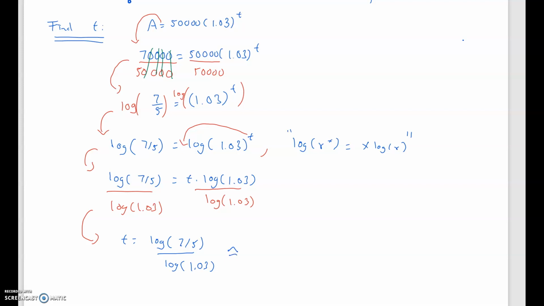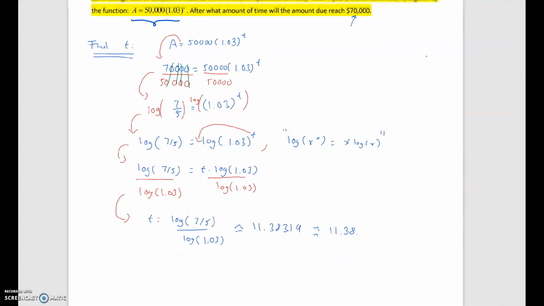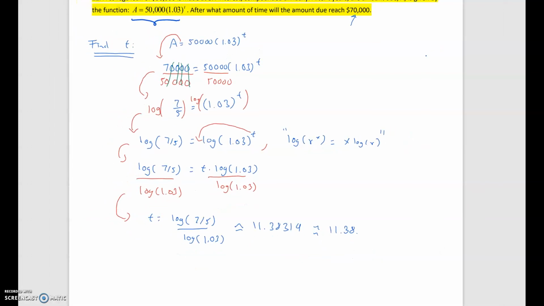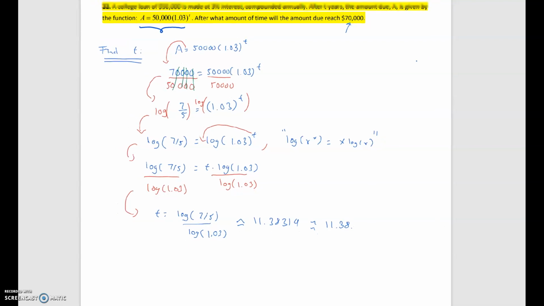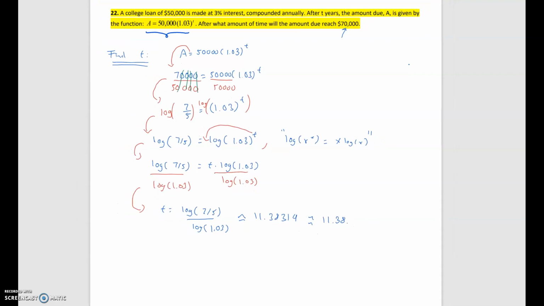Let me tell you what I'm getting. I'm getting that this is approximately 11.38. There is a bunch of decimals, but let me just round it to 11.38, and then we could say that it will take about 11.4 years for the loan to reach the $70,000.